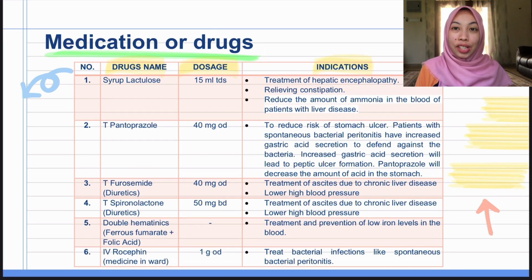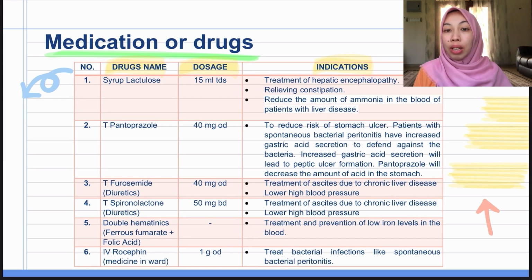Hi, I am Runia Ashikin and now I will proceed with the medications taken by Mr. T. First of all, he is prescribed lactulose syrup 15 ml 3 times daily for the treatment of hepatic encephalopathy, to relieve constipation and also reduce the amount of ammonia in the blood of patients with liver disease. Next, he also takes 40 mg of pantoprazole once daily to reduce the risk of stomach ulcer formation.